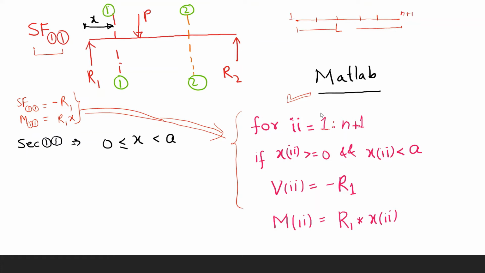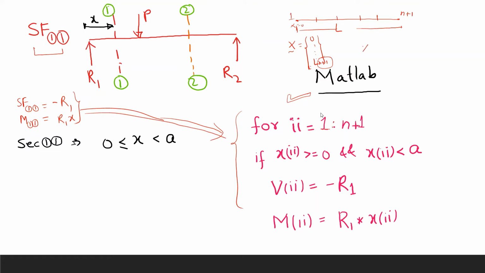So x, which was in vector format, means a coordinate. We have chosen that x1 was starting from 0, so 0, then delta L1, delta L2, each part length was added, and then finally it would reach up to the length of the beam. So that would be L at the n plus 1 coordinate, we will get the total length.